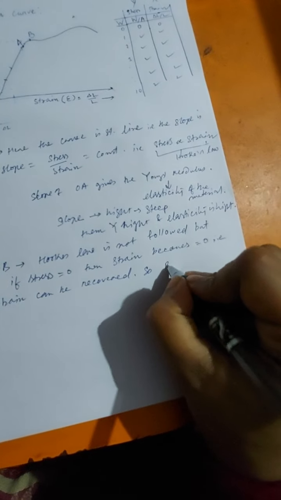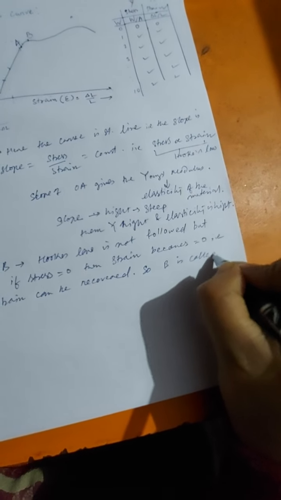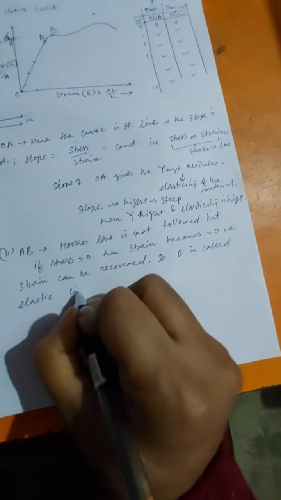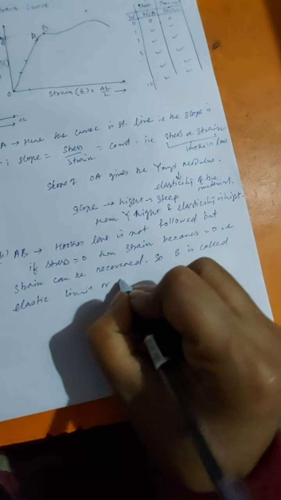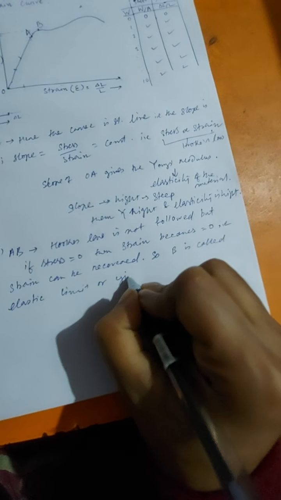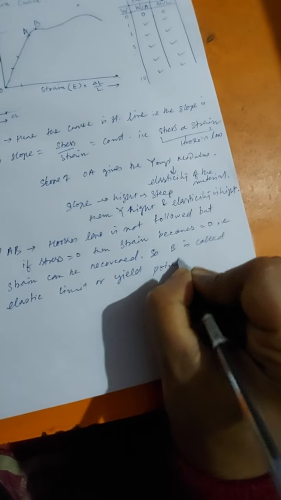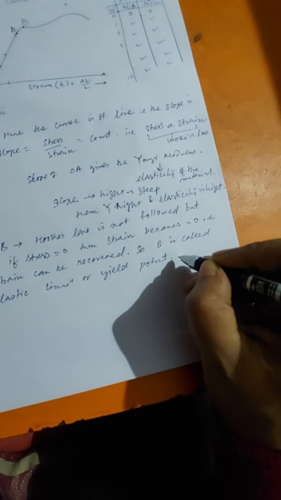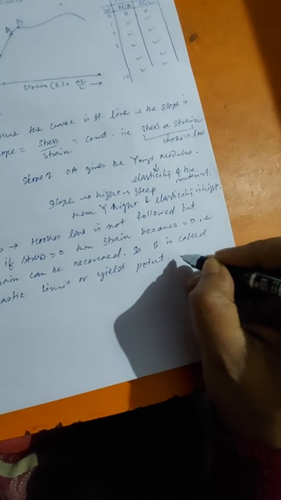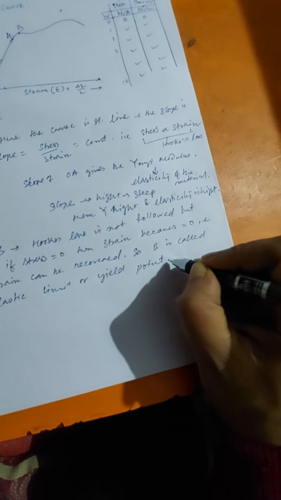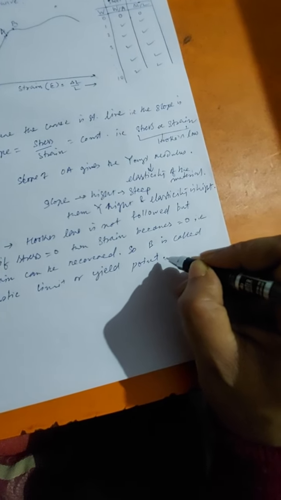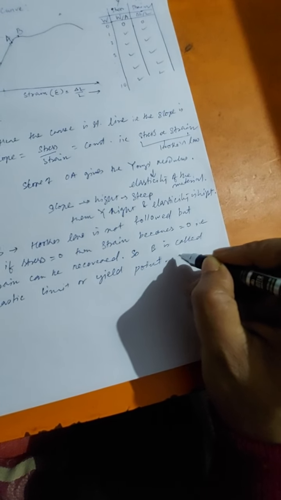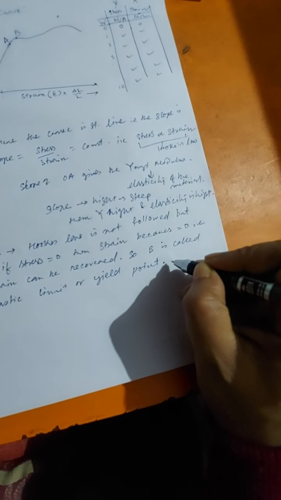So B is called the elastic limit or yield point. It is the yield point because after that the material will yield, that is, if we apply more stress beyond this point, then the material cannot recover back to its original length.